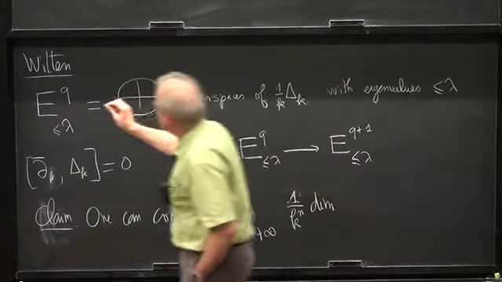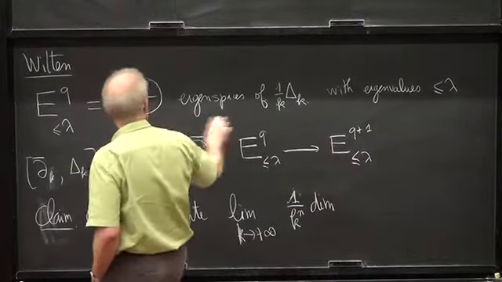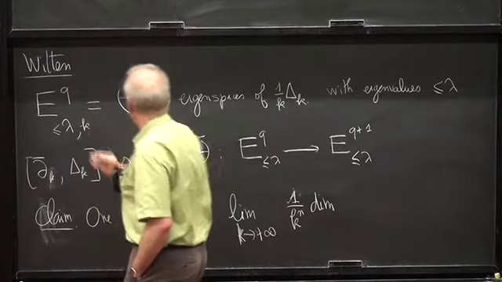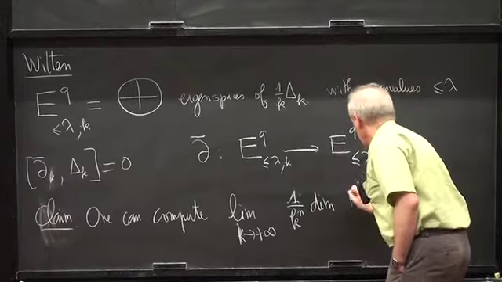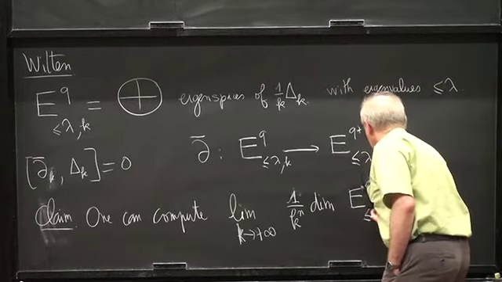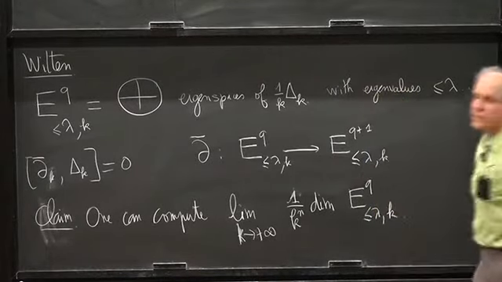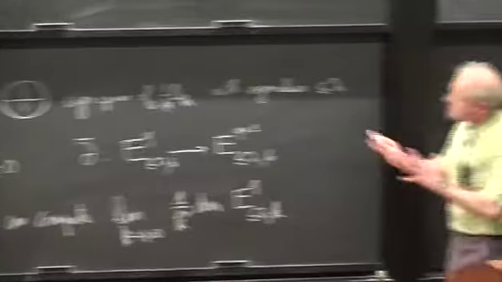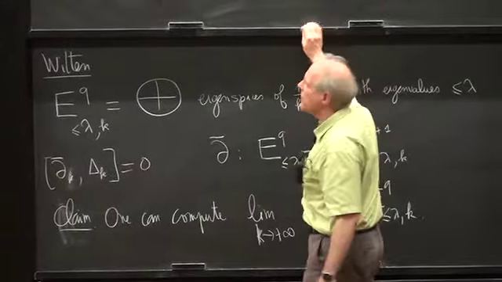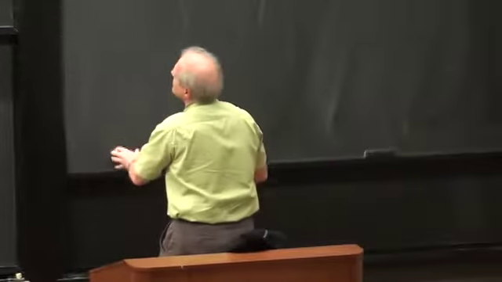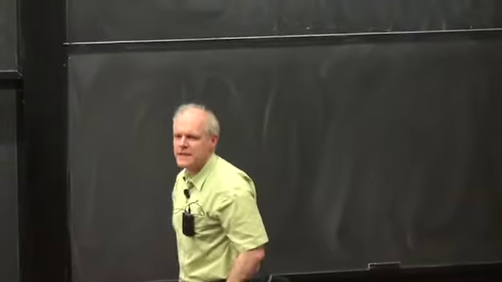Of course, it still depends on the k. Maybe I should put a k. So I will not give details, neither will I give a formula, but I will tell you why this is computable. This is very easy.